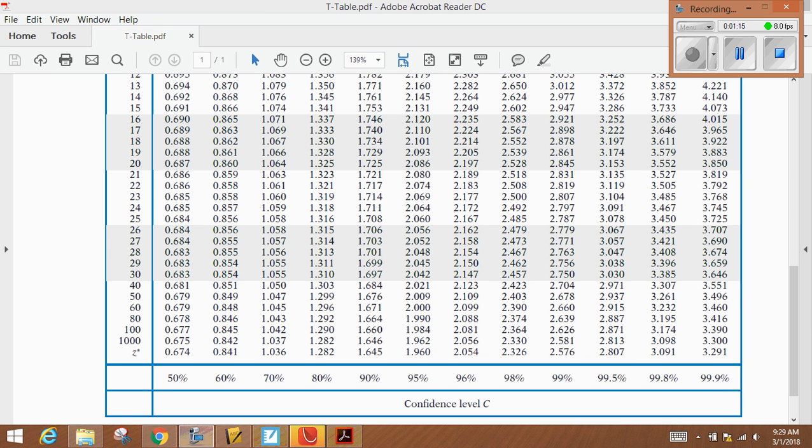All right, so if we have 74 degrees of freedom, we're going to use 60 degrees of freedom if we're going to use our table. And where is our alpha level?